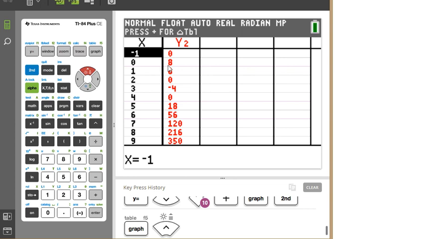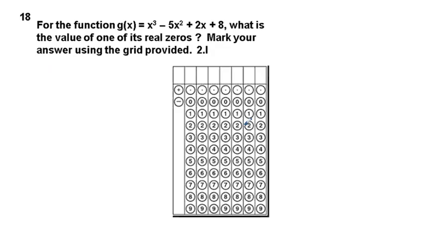At -1 we have 0, and at 2 and at 4. So those are zeros. So we have x is equal to -1, 2, 4. So what we'd have to do is pick out one of these numbers and put it in and get credit for that.